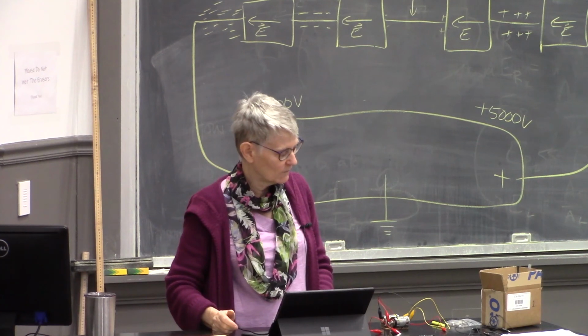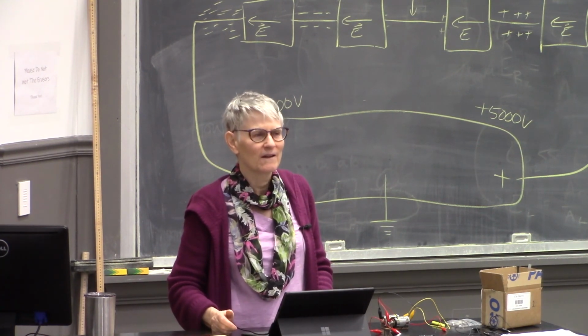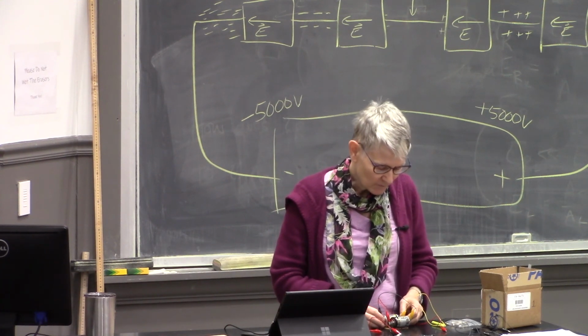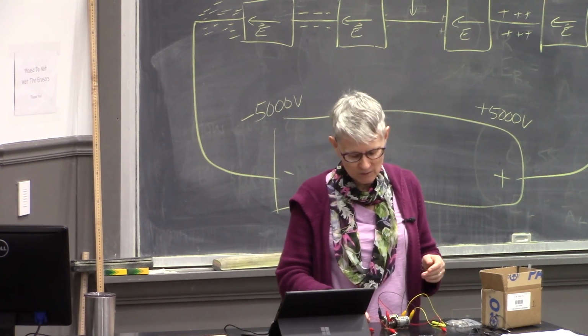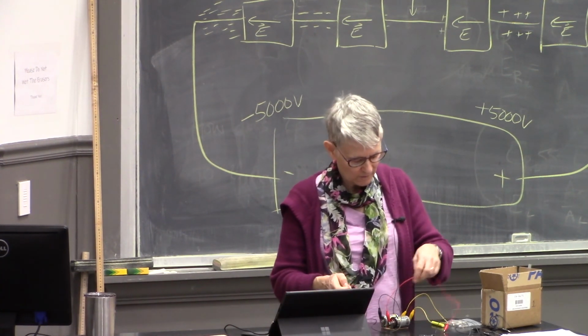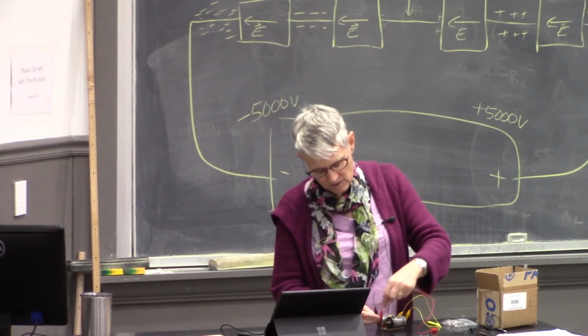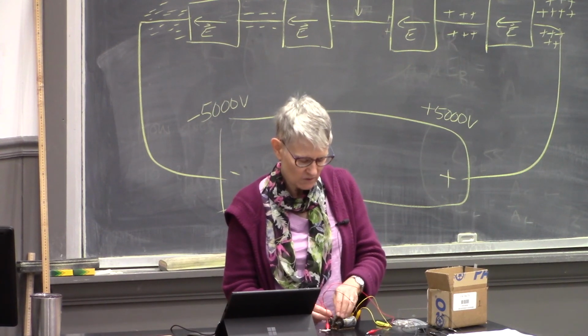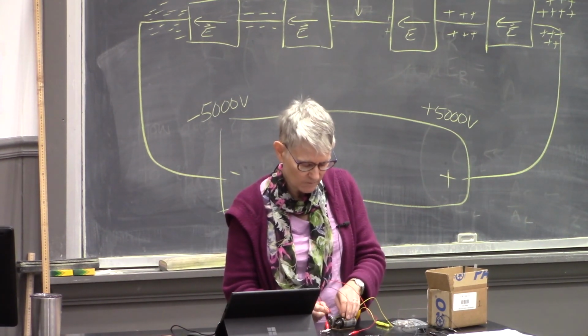Okay, so comments or questions about that? All right, so today we're going to start talking about transients. And to talk about transients, we're going to talk about capacitors in circuits.